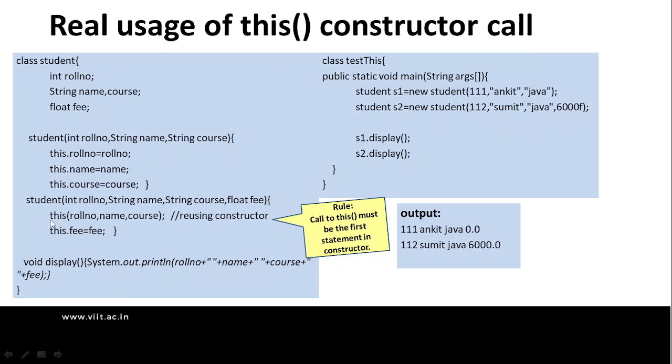Inside that, reuse the constructor with this, because here we are doing assignment to these three variables. Instead of redoing the assignment, you just call this constructor and assign the remaining parameter and display all this.